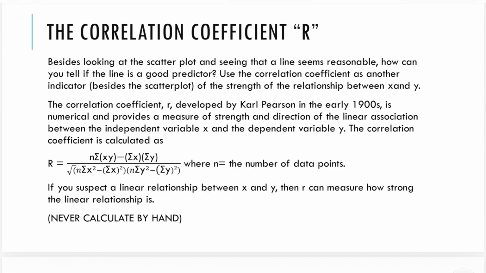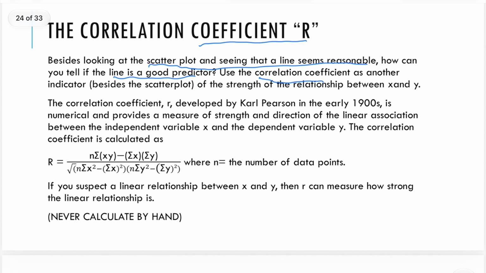Now the correlation coefficient, there's another number we need to kind of be aware of. When looking at the scatter plot and seeing the lines, how can you tell if the line is a good predictor? That's the correlation coefficient. It's another indicator besides the scatter plot to understand the strength of the relationship.